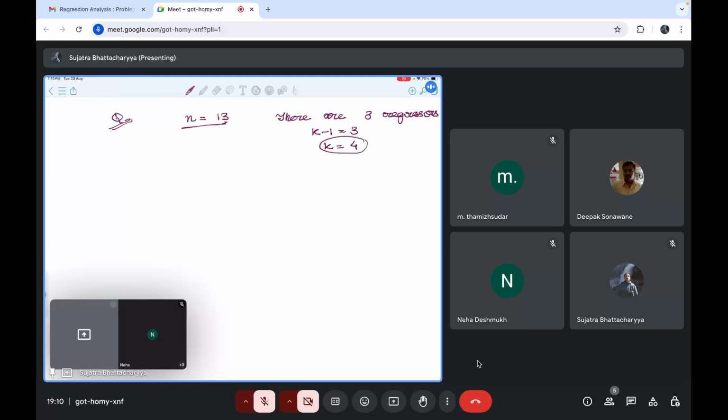Therefore, 4 unknown parameters. Okay, done. This is fine. From whatever is given, we have taken this. Now the question will be given like this: regressors in the model and the SS residual. This will be given to you.